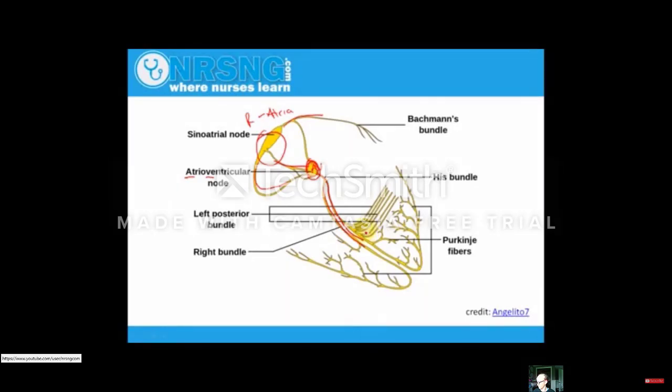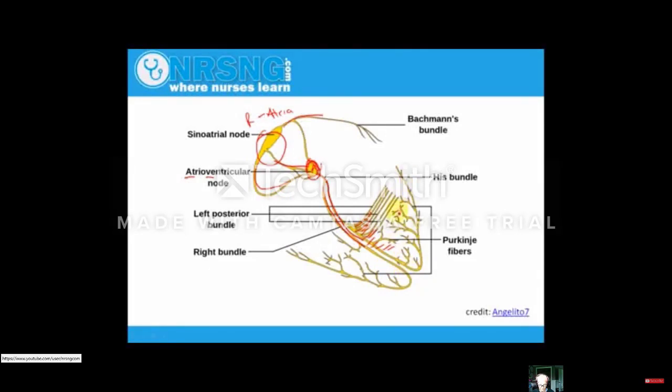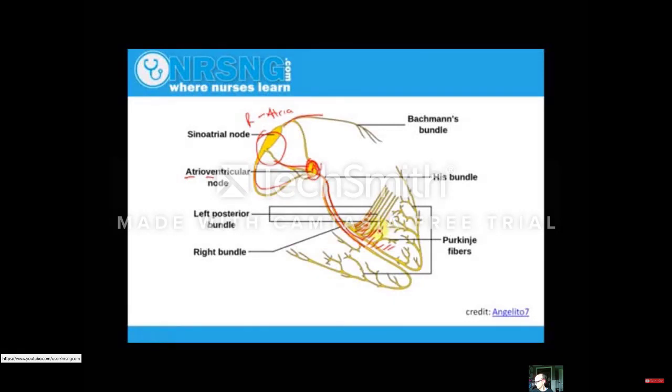You have a few more ventricular fibers over on the left ventricle. The left ventricle has thicker muscle and pushes the blood out into the body, whereas the right ventricle is just pushing blood into the lungs. So you need a little more squeeze over on the left, and for that reason you have a few more Purkinje fibers there.